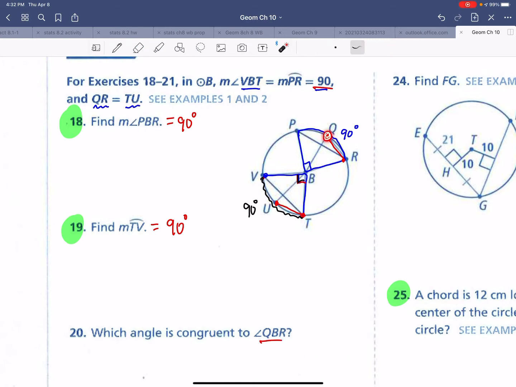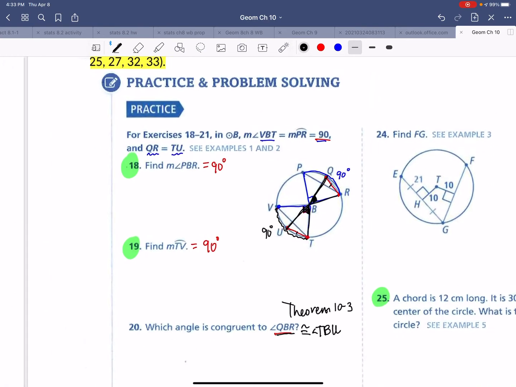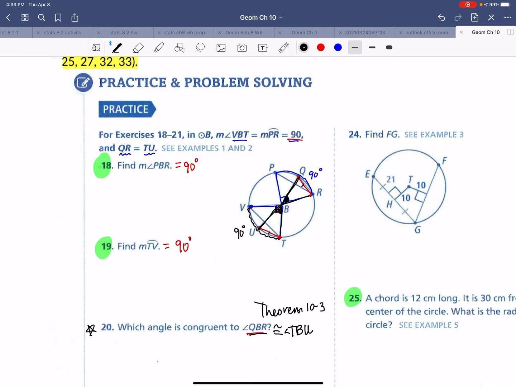So QBR, that would have to be equal to that, and that is our theorem 10-3. So today we said if these are congruent, then their angles happen to be congruent because they're congruent triangles. So this angle QBR has to equal this angle TBU. Oh, and I didn't even have to do number 20. I got ahead of myself.